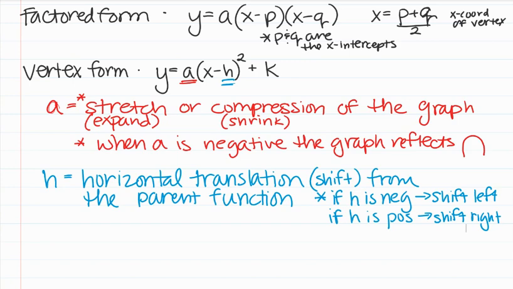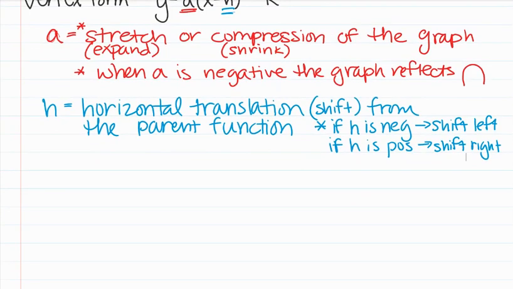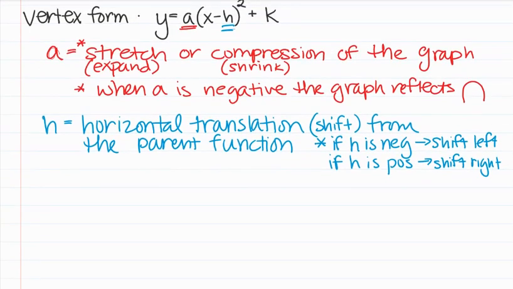And finally, we have the k. And just like when we graphed exponential functions, the k is the vertical shift, or the vertical translation.